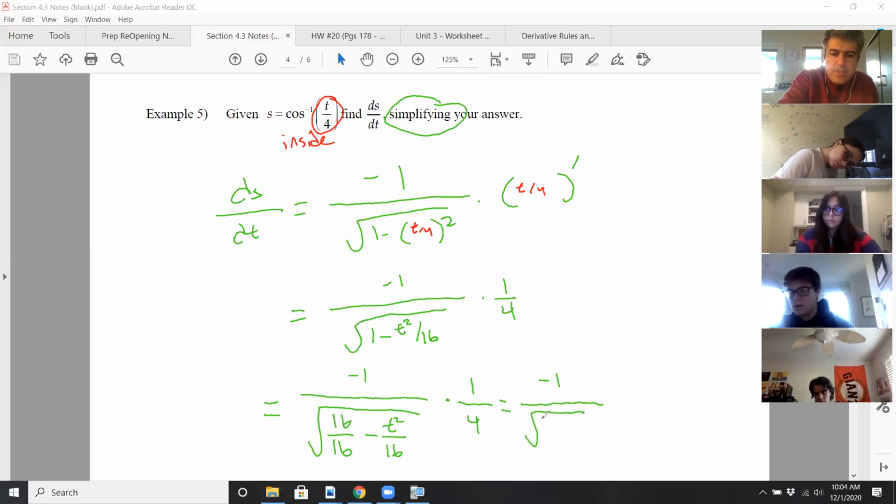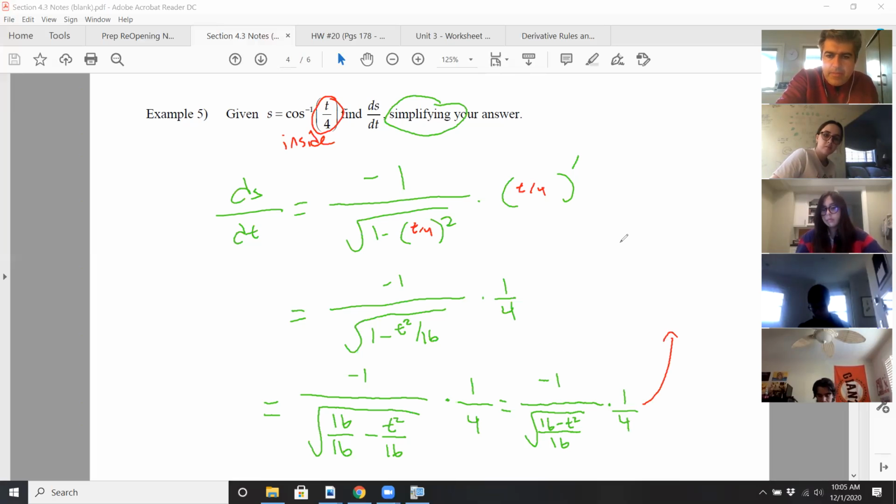So 16 minus t squared over 16. So again, I changed 1 to 16 over 16, find the LCD, combine it. Didn't leave myself enough room. That's okay.